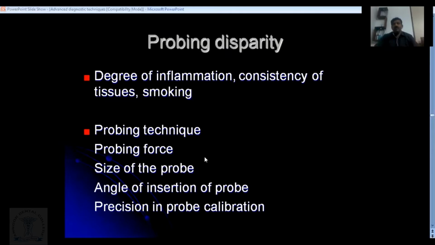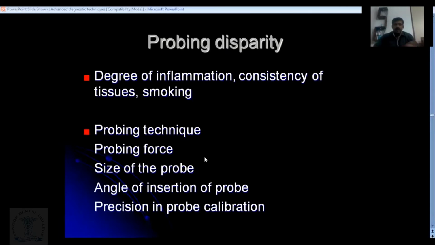But if it is soft and edematous, you don't have to use the same amount of force in an inflamed gingiva compared to a fibrotic gingiva. So that is another thing. Then the degree of inflammation, and smoking, as I told you before, smoking will conceal the clinical signs even though there is advanced disease.